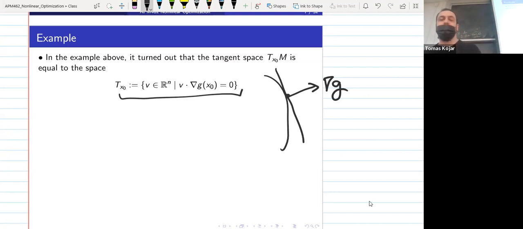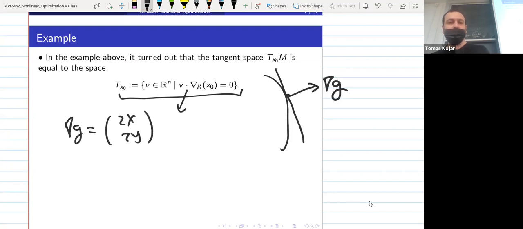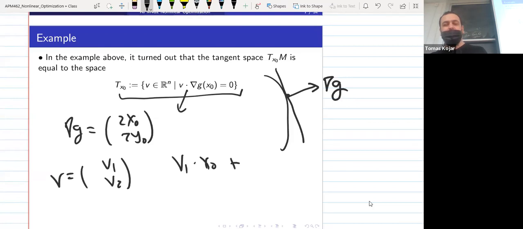right? So let me write it here for your entertainment. Gradient of G was what? 2x, 2y, and V is V1, V2. So you want this to be 0, so you want, I have to evaluate it. Okay, x naught. So I want V1 x naught plus V2 y naught to be 0.